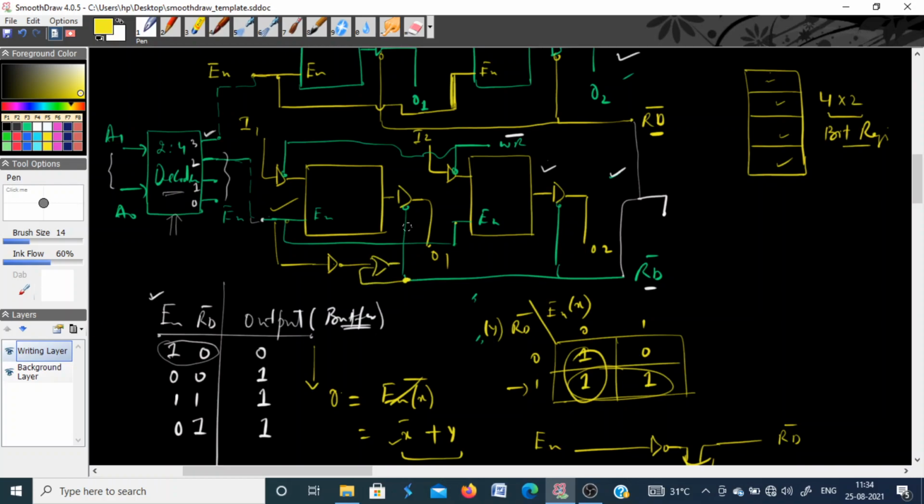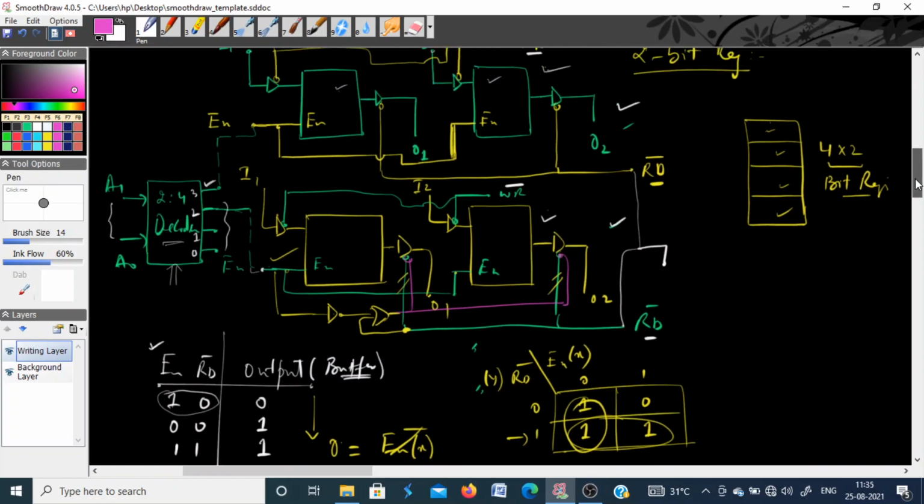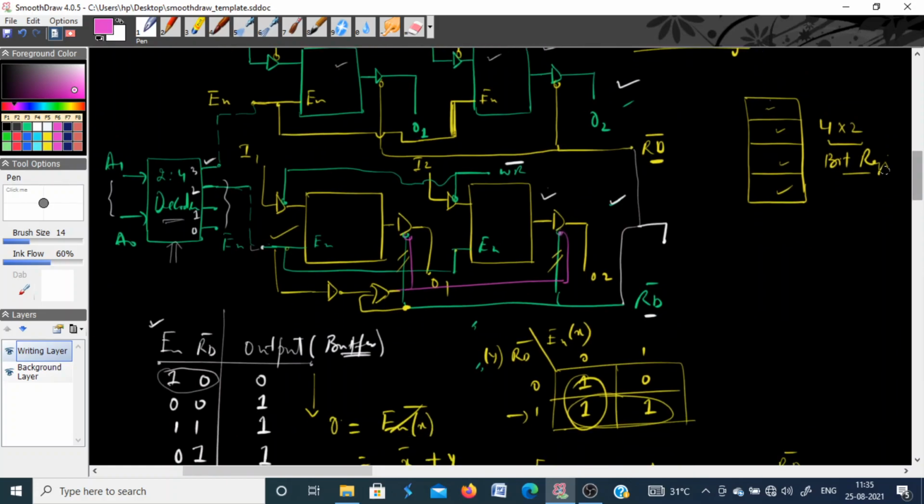Now this path is not directly going here, and the output of this OR gate is used to control this buffer. Okay, so if you have a situation like this, now you can read the information from a single register only.